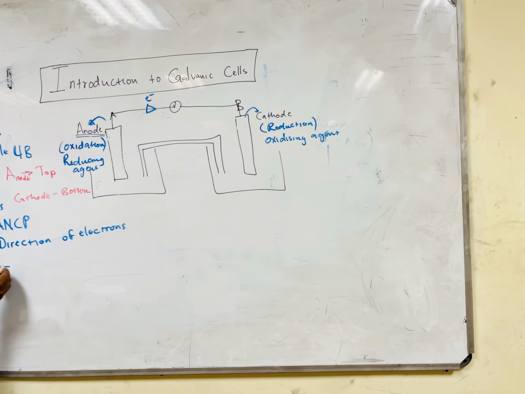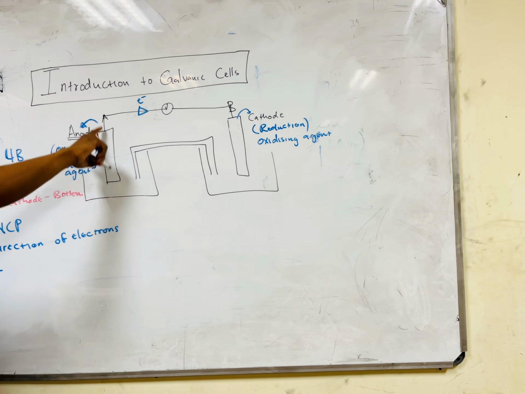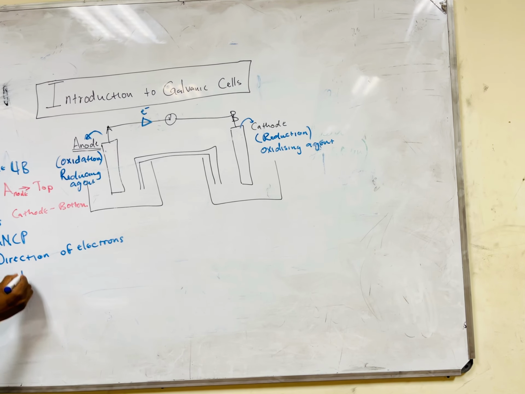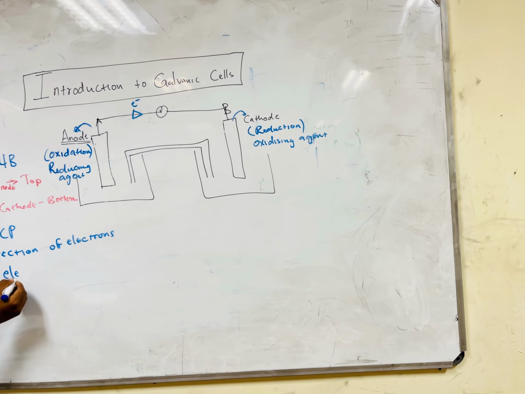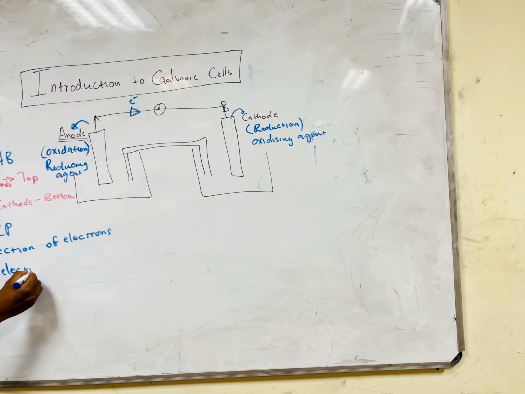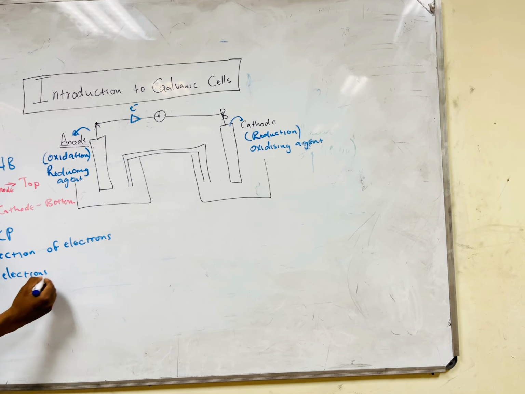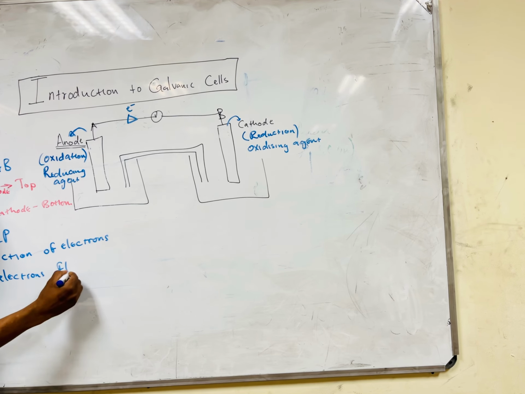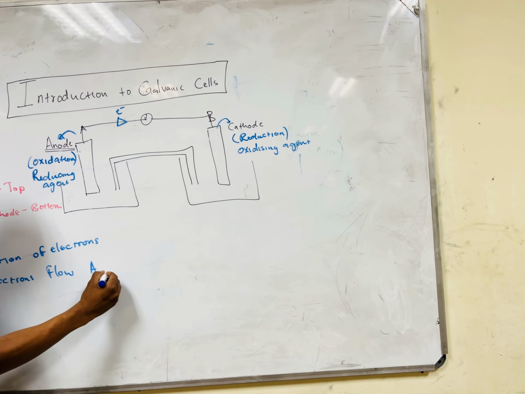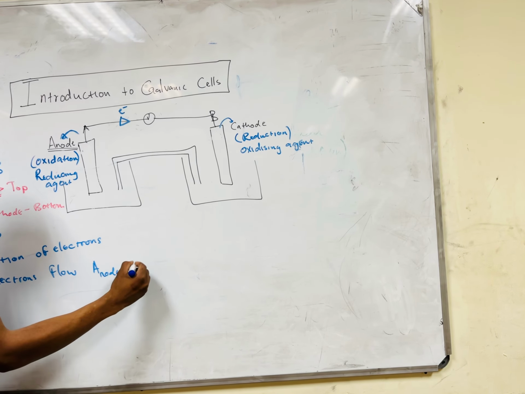That means that in the external circuit of a galvanic cell, the electrons always flow from anode to cathode.